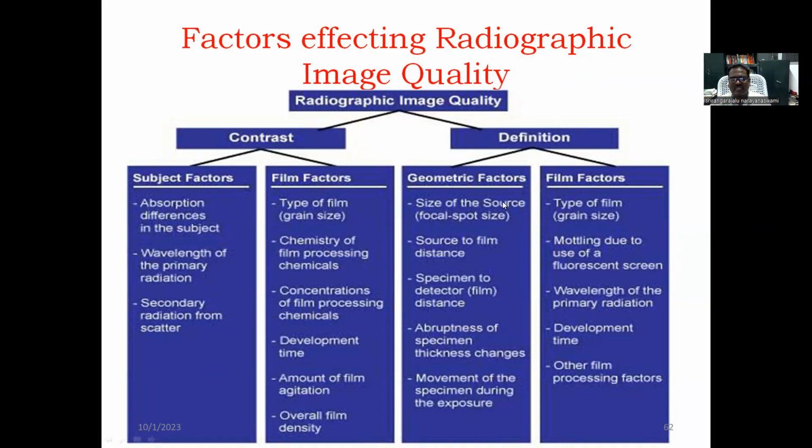Definition, geometric factors: size of the source, focal spot size, source to film distance, specimen to detector film distance, abruptness of specimen thickness changes, movement of the specimen during the exposure. Film factors: type of film, grain size, mottling due to use of a fluorescent screen, wavelength of the primary radiation, development time, other film processing factors.